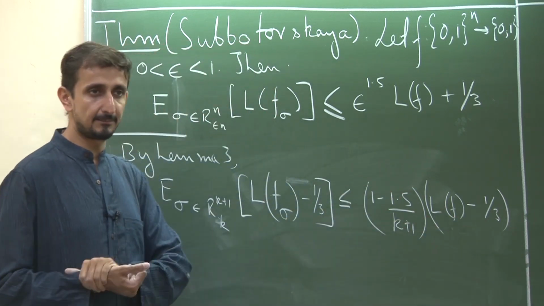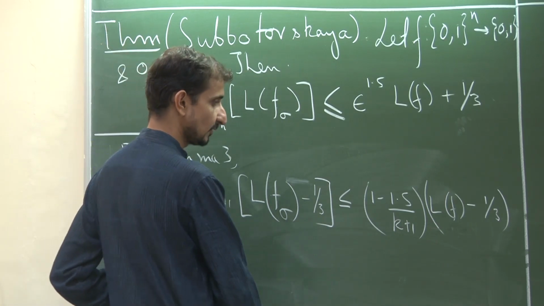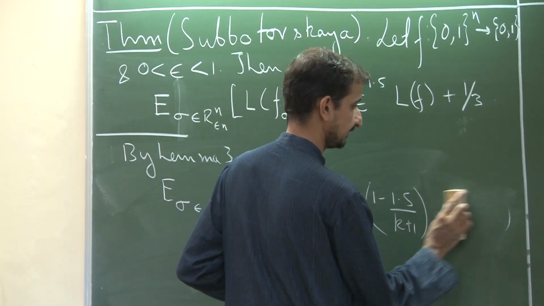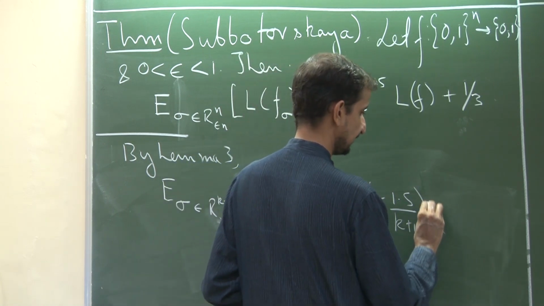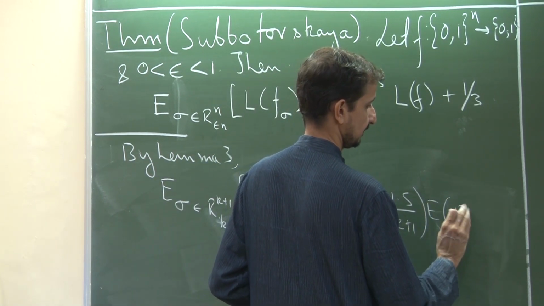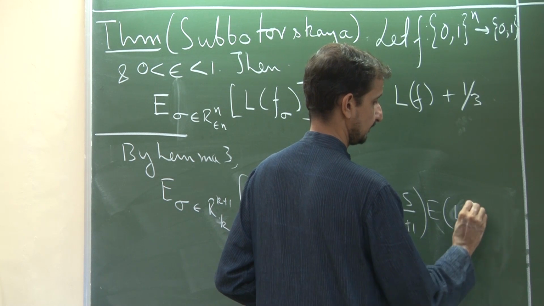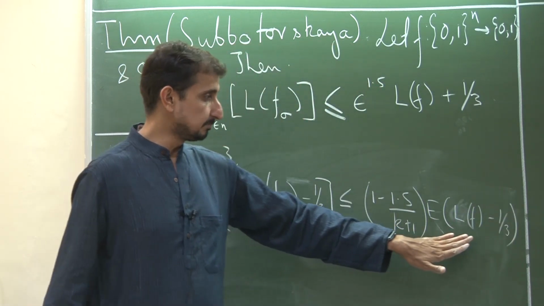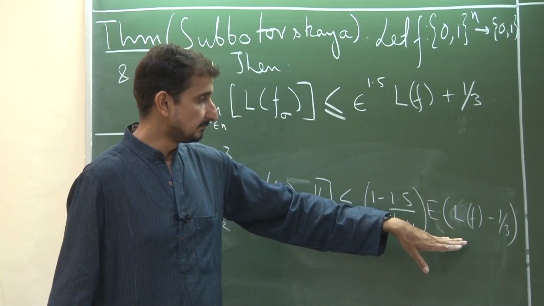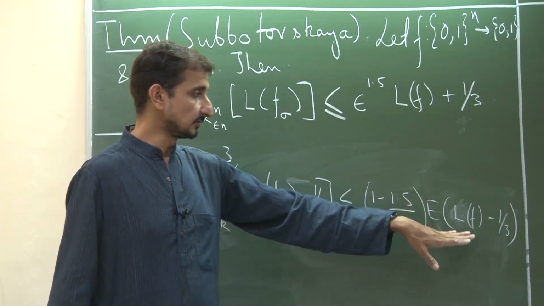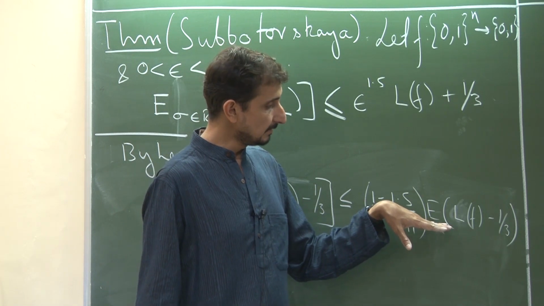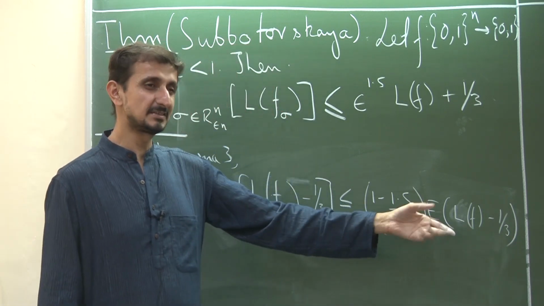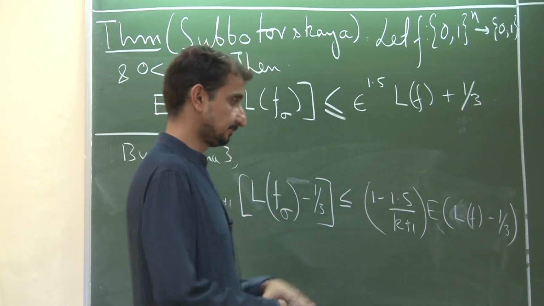Okay. So this is a direct application of lemma 3, and I can also write an expectation term over here. I can write this as E of L of f minus 1/3. There is no probability over here, so this is the same value.